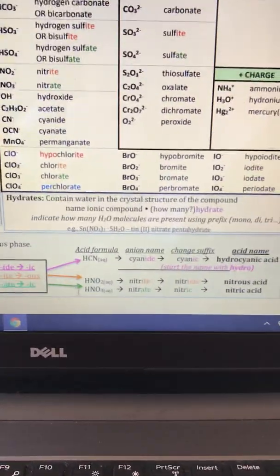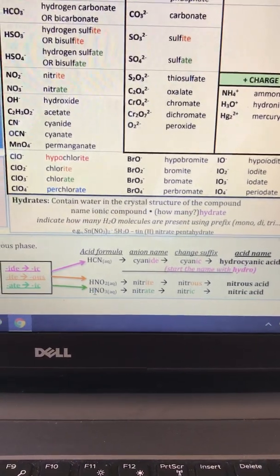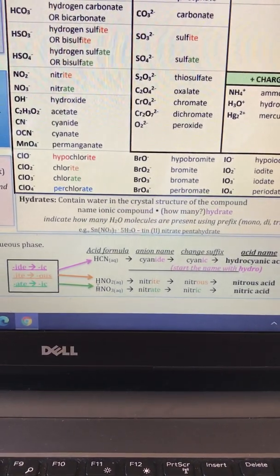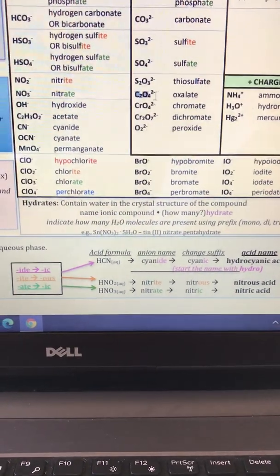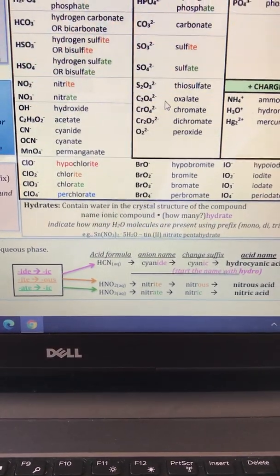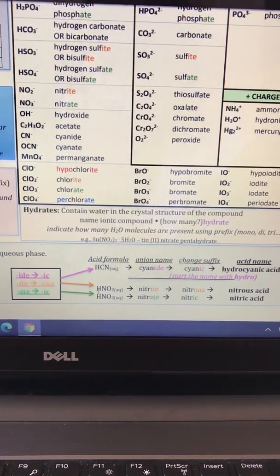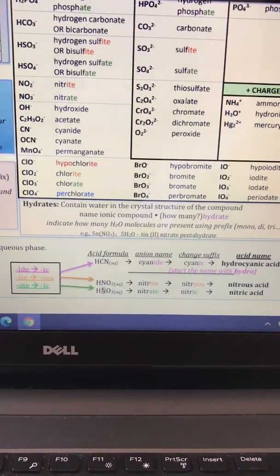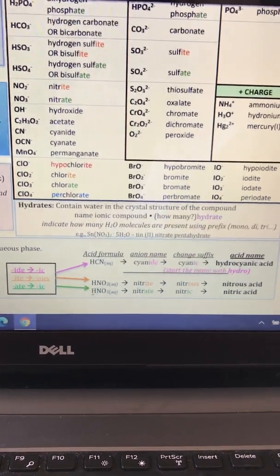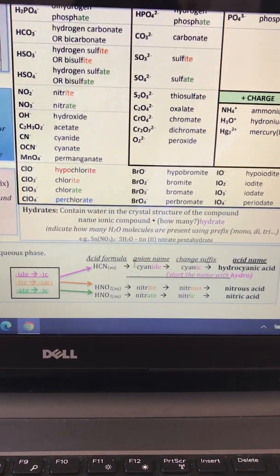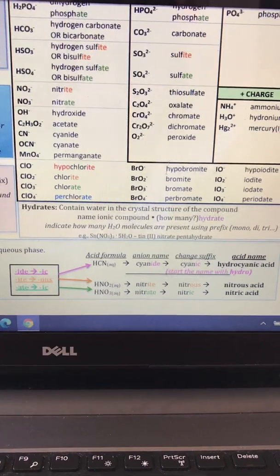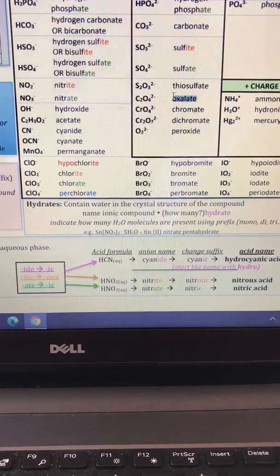So our acid formula is going to be this one up here with the H attached to the front. And then it's going to change the anion name of oxalate.